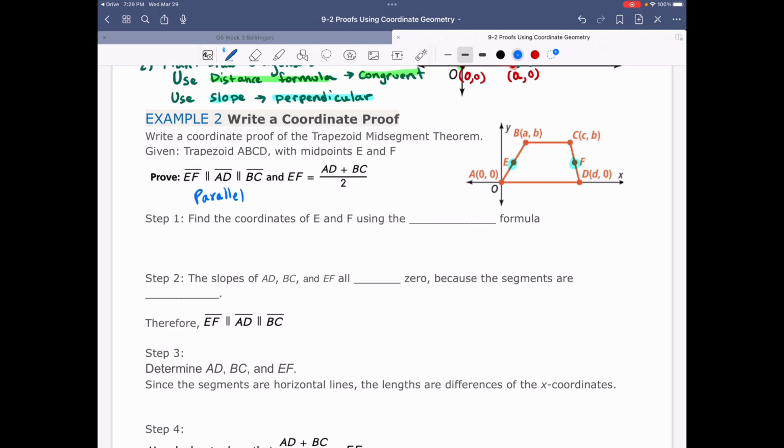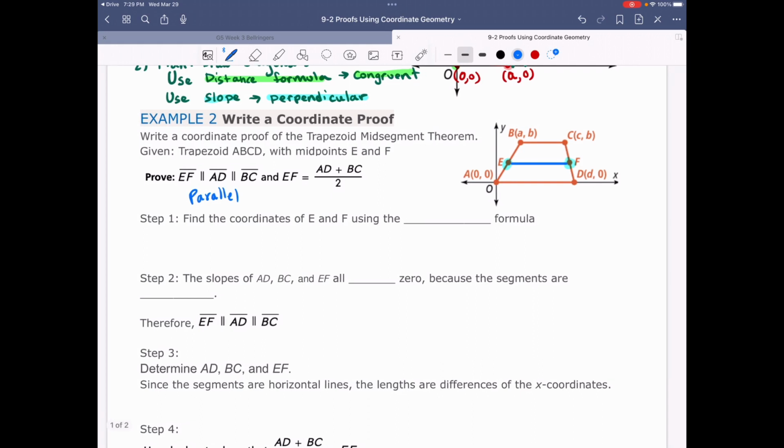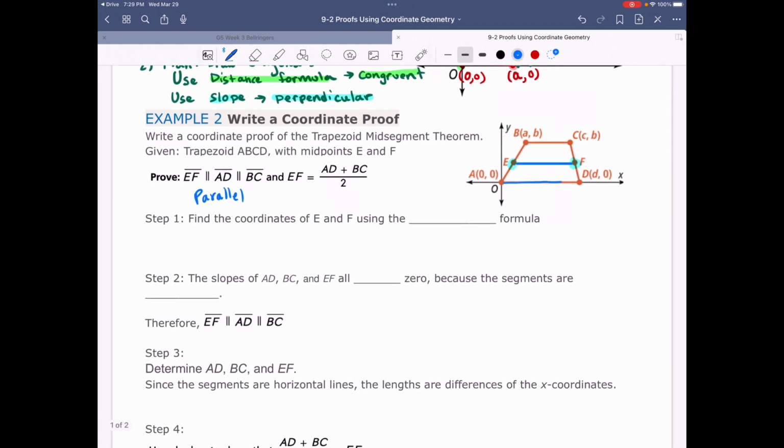And also prove that the distance EF is equal to AD plus BC divided by 2. So basically what we're saying is that E to F is the average of the other two parts of the trapezoid. And that is called the trapezoid mid-segment theorem.